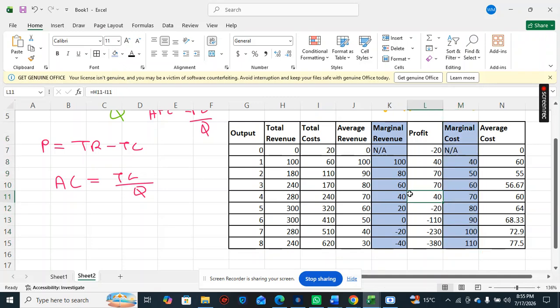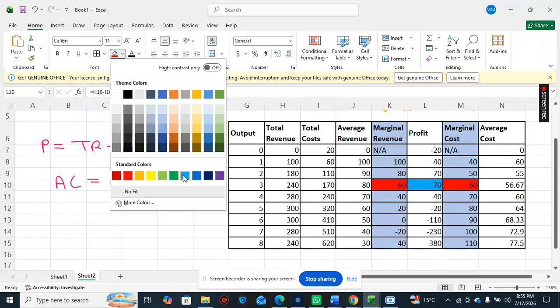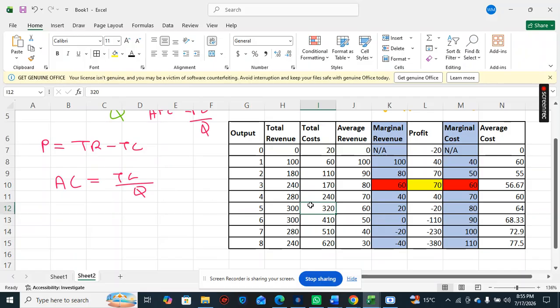So if you notice, at 3 units, our marginal revenue is 60 and our marginal cost is also 60. And notice the profit is 70. 70 is the highest profit here, if you notice. The profit is 70. So this firm should produce 3 units. That's when they're going to maximize profit.